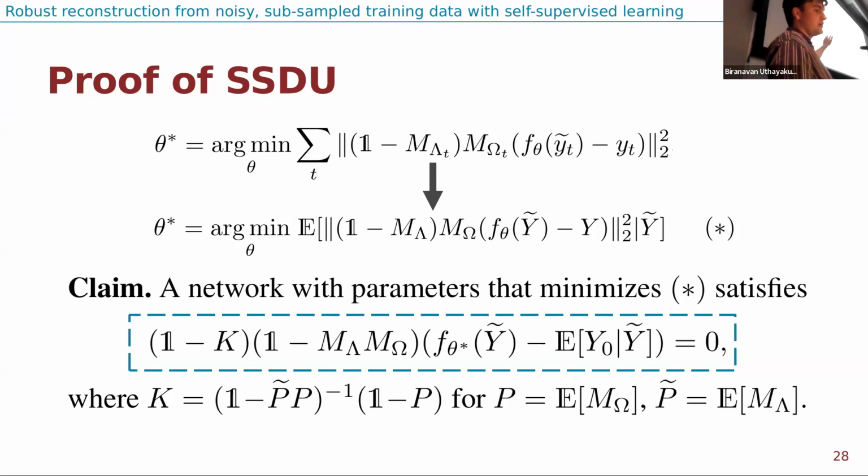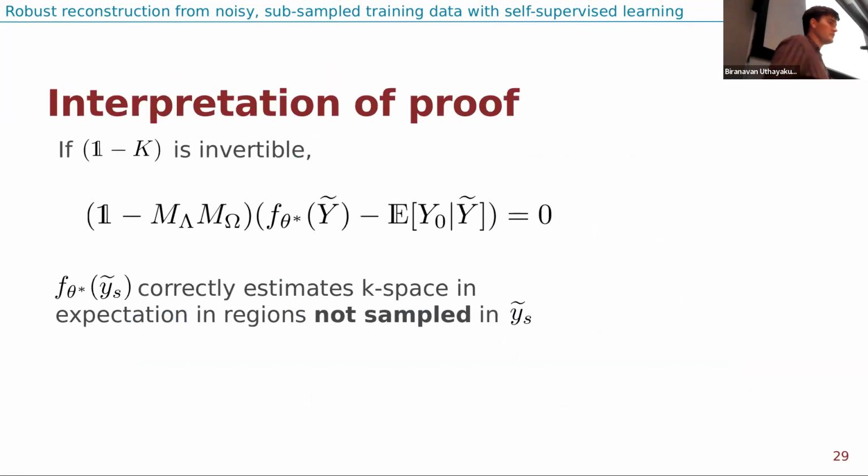So it's 1 minus some matrix K, where K is dependent on the sampling probabilities, and then 1 minus m lambda m omega, which is the mask of y tilde, multiplied by f theta star, the trained network, minus the expectation. If we assume that 1 minus K is invertible, which gives us some mild constraints on the way that we sample and partition, then this expression simplifies to this.